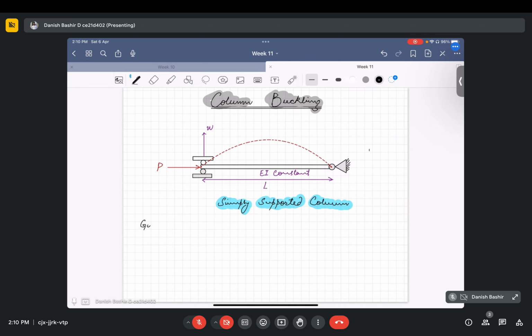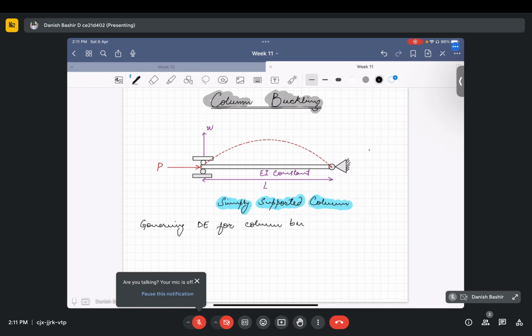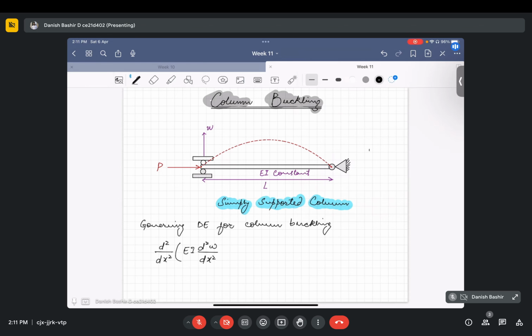Governing differential equation for column buckling is d2 by dx square of EI d2W by dx square, the second derivative of the transverse displacement, plus P times d2W by dx square.